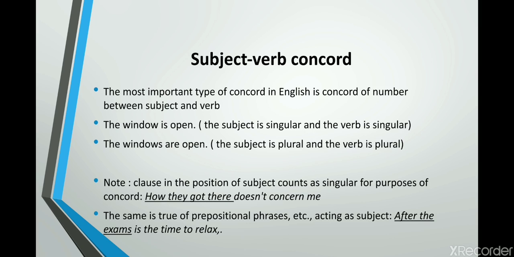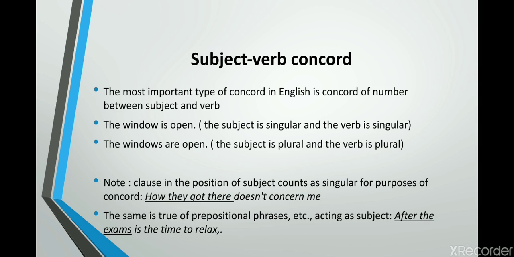The window is open. Notice here in this example, the subject, the window, is singular. So it takes the verb is, which is also singular. While in the second example, the subject is plural, the windows. That's why the verb is in the plural form, are.